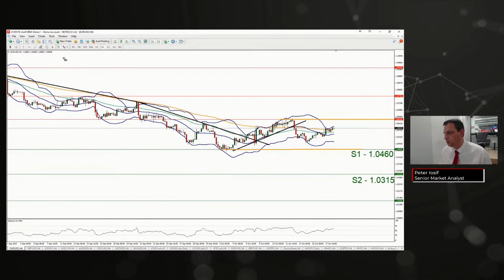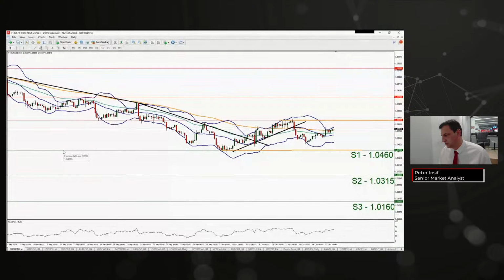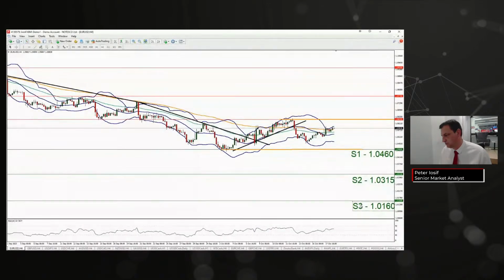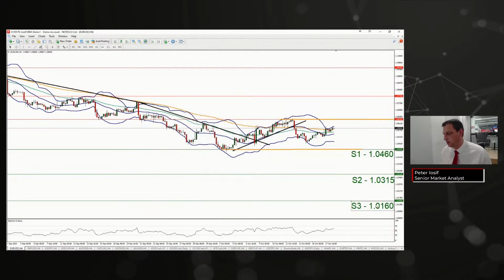And third support line at 1.016. Locking it in. Moving now to the resistance line.